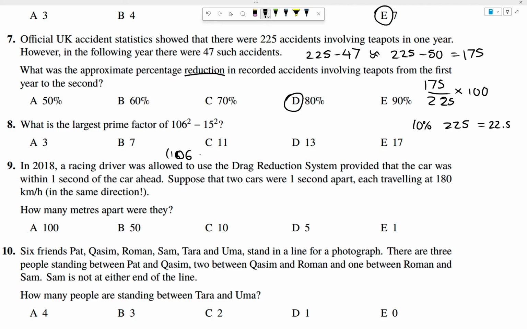So 106 plus 15 multiplied by 106 minus 15 is equal to 121 multiplied by 91. And that is equal to 11 squared multiplied by, I think that is 13 times 7. I'm just going to check that 91 is 13 times 7.